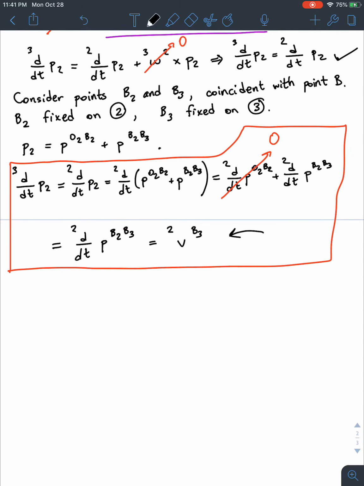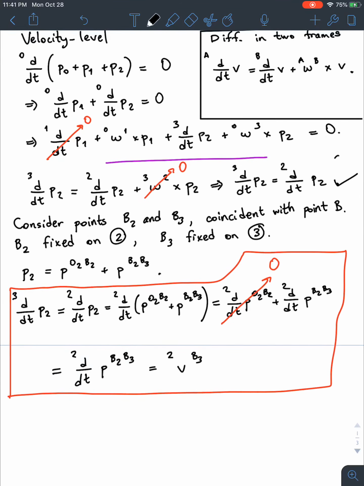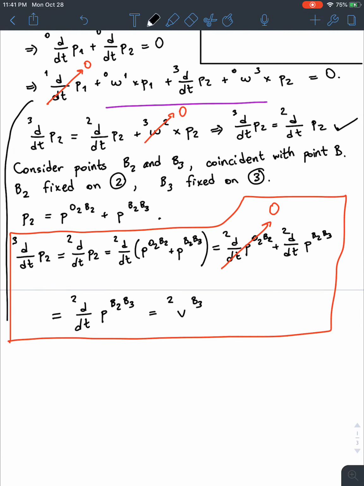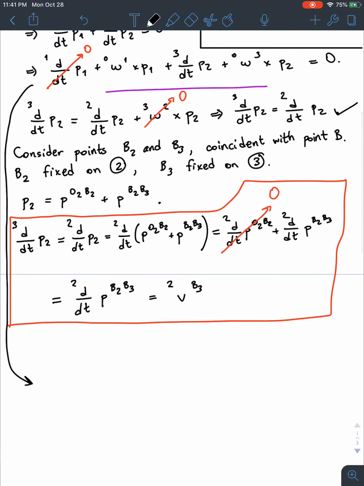So I can go ahead and insert this calculation over here in the velocity level loop equations. So let me move that all the way over here and keep on working on it. What that now looks like is angular velocity of 1 in 0 cross p1 plus velocity of point B3 in 2 plus angular velocity of 3 in 0 cross p2 equals 0.